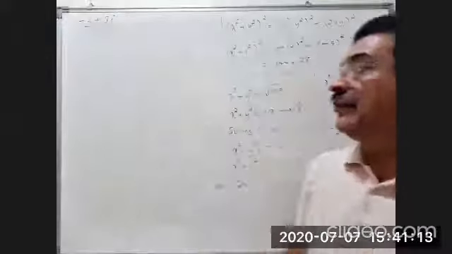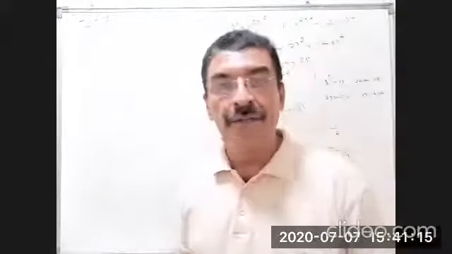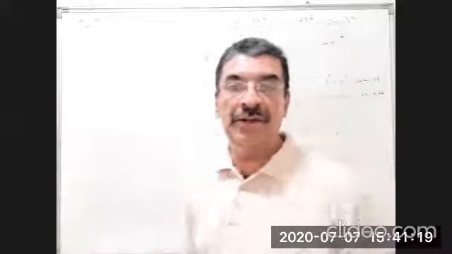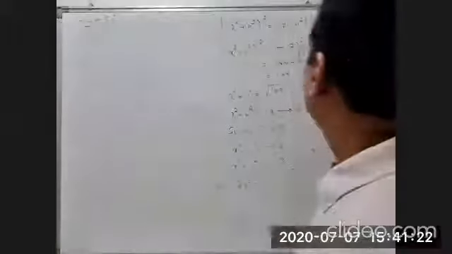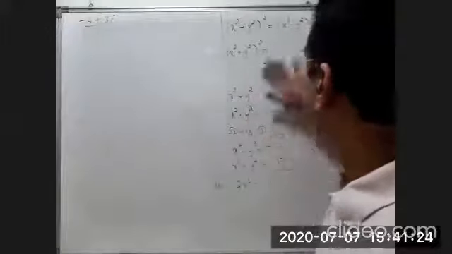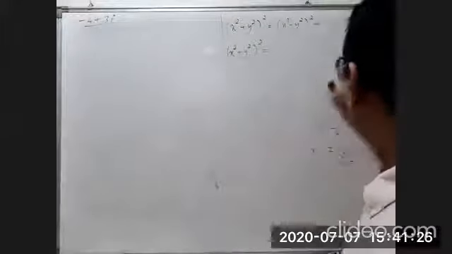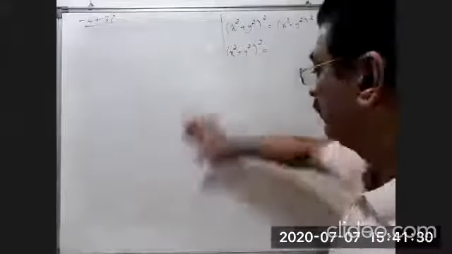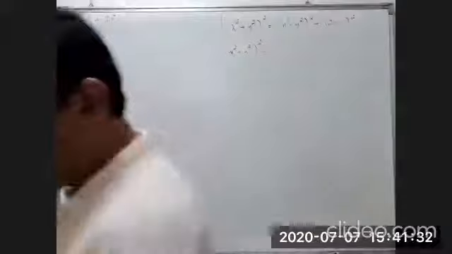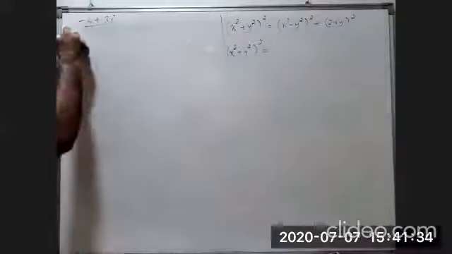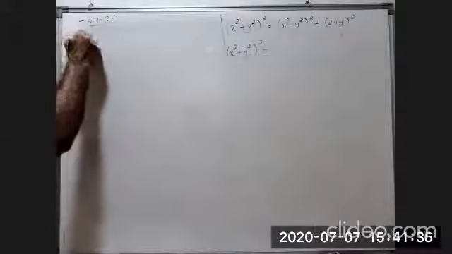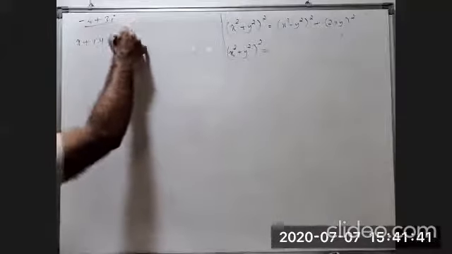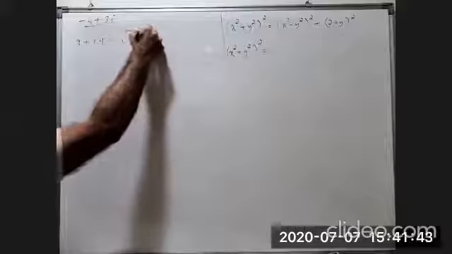The only difference is that instead of the numbers minus 12 and minus 5, here we have minus 4 and plus 3. That's all. So, how to start it? Exactly the same. We write x plus iy is root of minus 4 plus 3i.